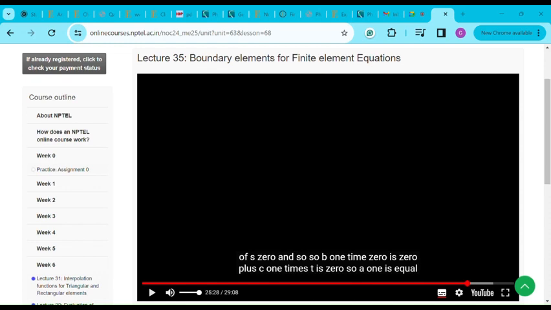For this we need to find what psi 3 will be. Once we know psi 3, then we can calculate this integral.